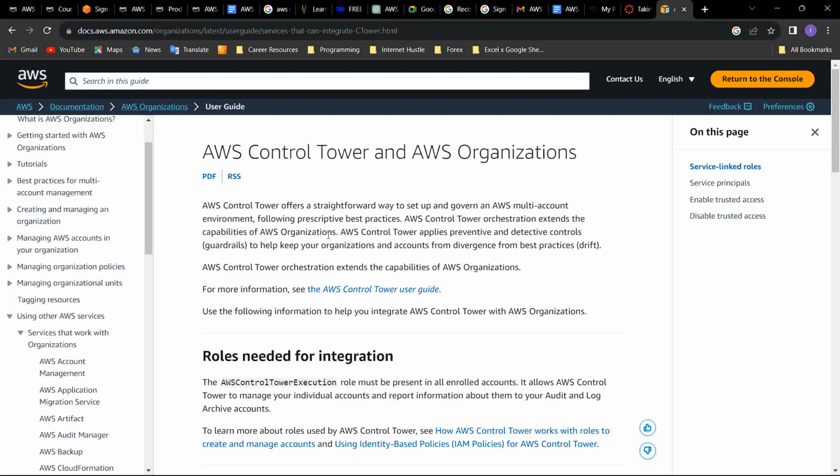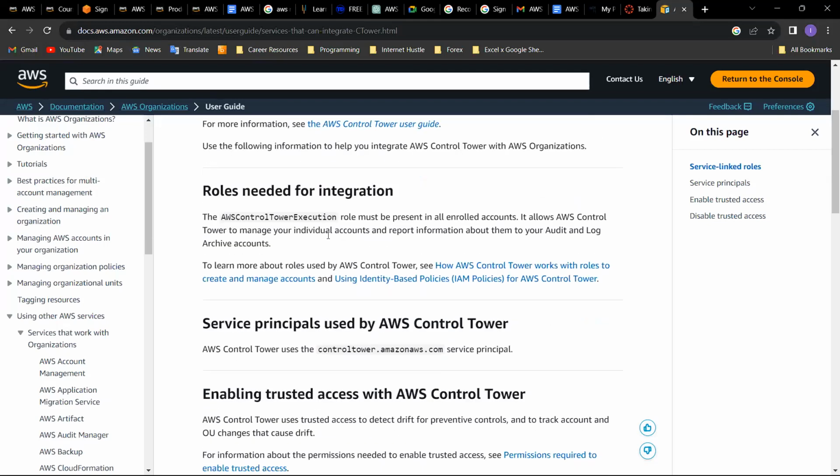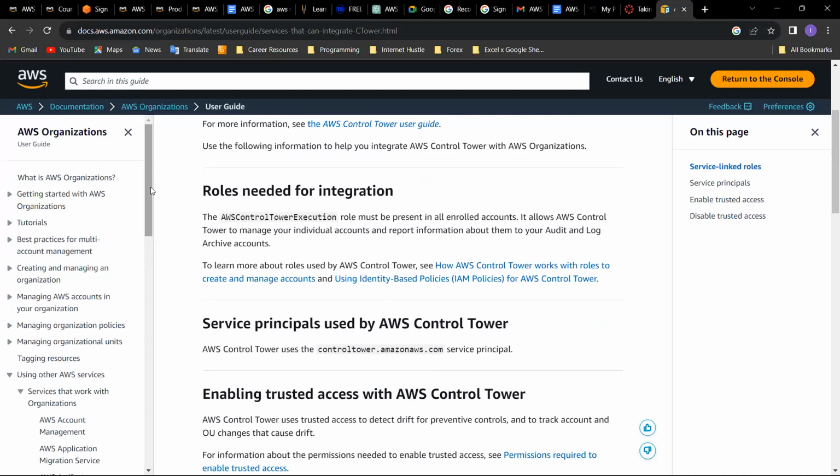So Control Tower is under Organizations, like a branch of AWS Organizations. So Organizations is the parent, and the component that lets you create, set up, and govern the multi-account environment is Control Tower. Just like the service that allows you to create encryption keys is KMS.